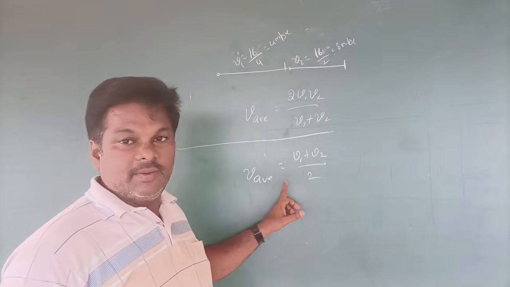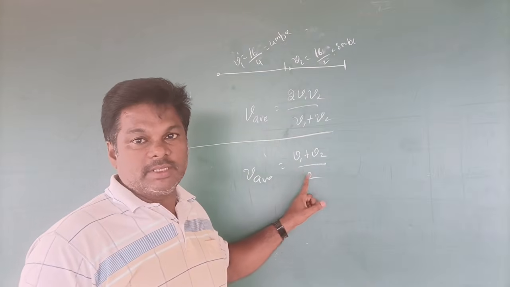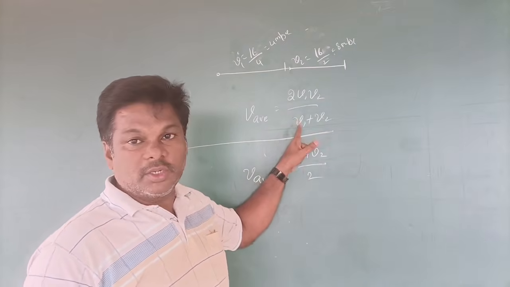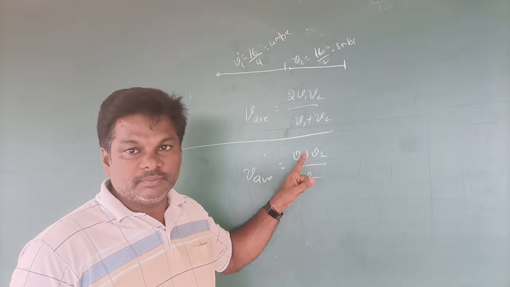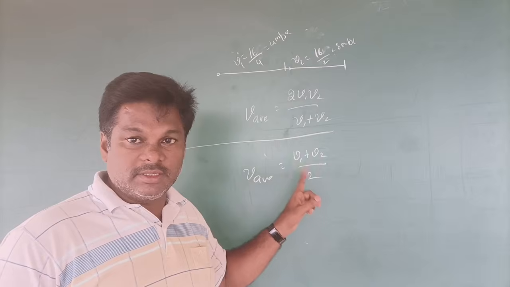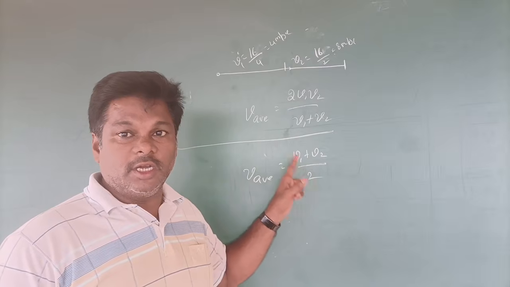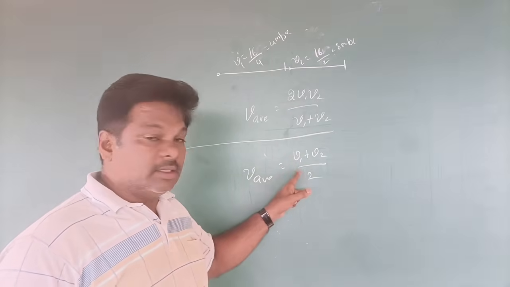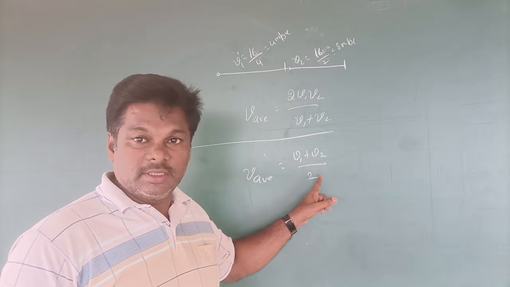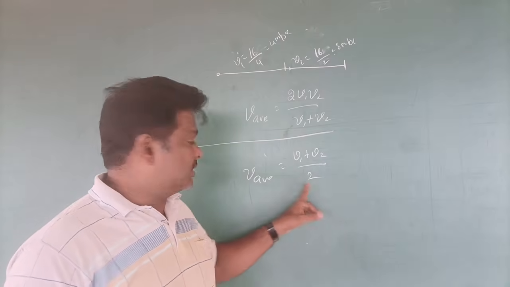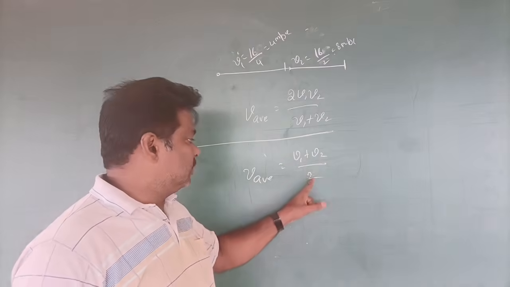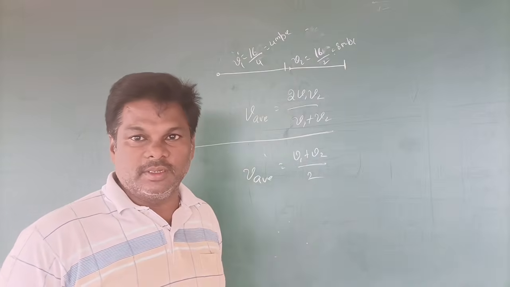Then you will get V average is equal to V1 plus V2 by 2. So this is a different context. When an object covers some distance with velocity V1 in half of the time interval and in the remaining half of the time interval, the distance it covered with the velocity V2, then the average velocity V average is equal to V1 plus V2 by 2. This is in our notes only.